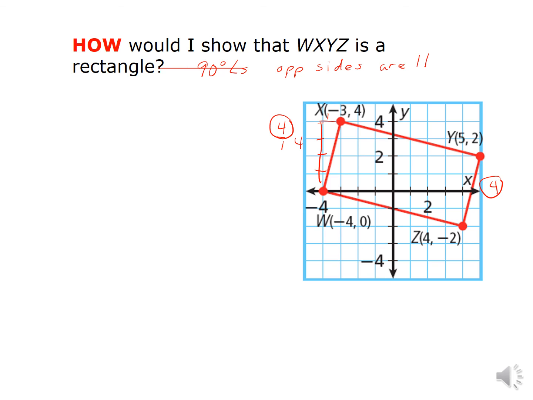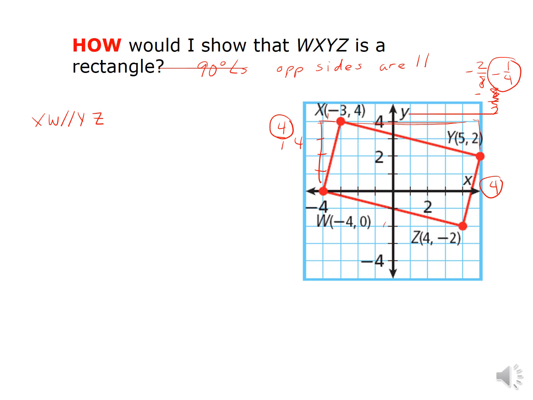So now I know that XW is parallel to YZ. Okay? Then I'm going to find the slope of this side, and that is 8 over 2, but it's also a negative slope. So I did it again, the rise is 2, so it's negative 2 over 8, which is negative 1/4.